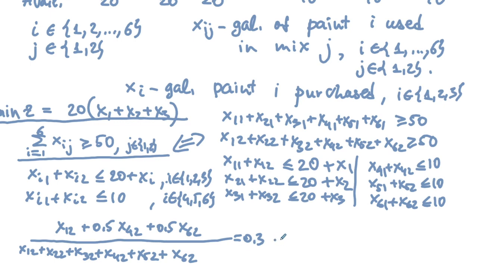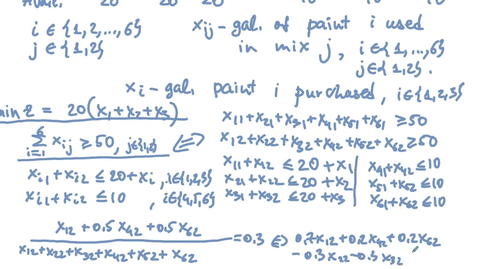So we can see that this will be equivalent to 0.7 x12 plus 0.2 times x42 plus 0.2 times x62 and then minus 0.3 x22 minus 0.3 x32 and minus 0.3 x52. This is equal to 0.